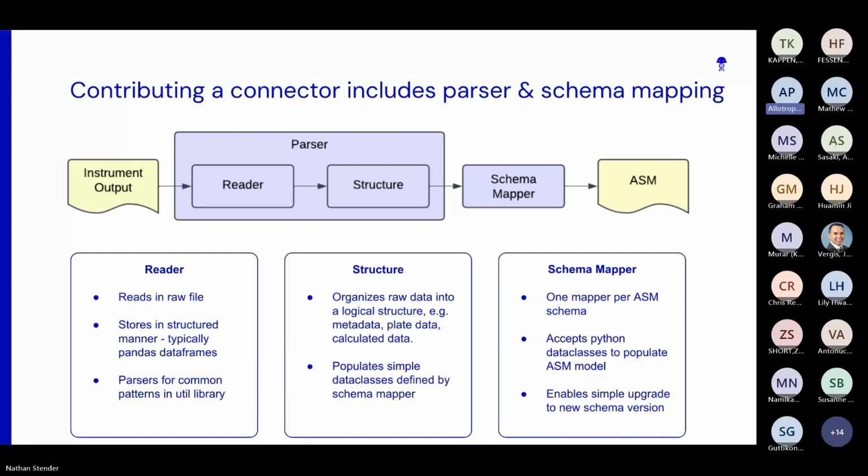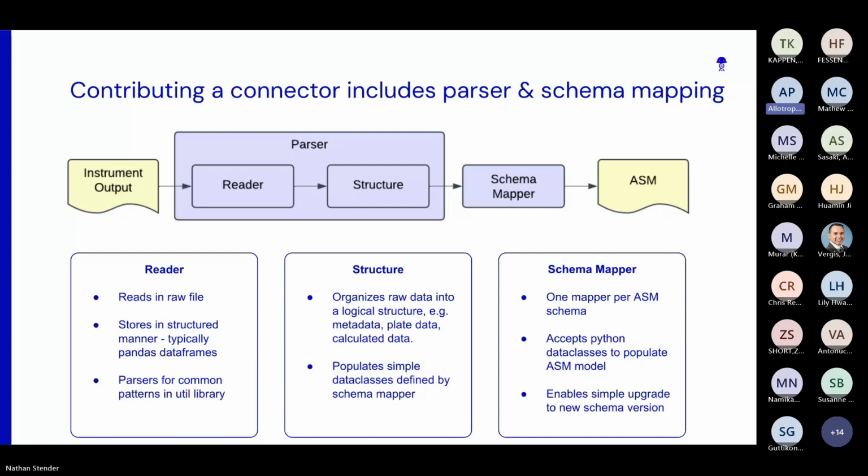So if you have a data set, for example, this is basically saying which columns in that data set correspond to which ASM fields. And if you have a more complicated structure, sometimes it's first organizing it into groupings, if you have data sets that are cross-referencing each other, and then pulling from multiple different sources to compose a single measurement document, for example.